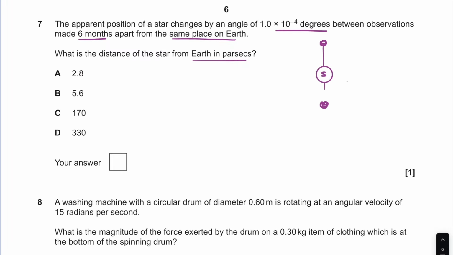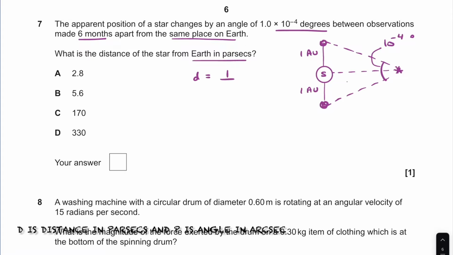The distance between Earth and the sun is 1 AU, and then we have the star over here, and we are given that the angle that it makes in these 6 months is 10 to the minus 4 degrees. We have to remember that d is equal to 1 over p.